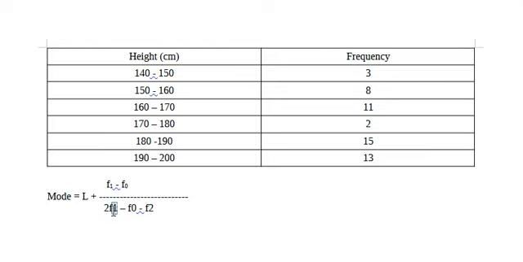So now F1, this is F0, and this is F2. And then it will be multiplied by h.